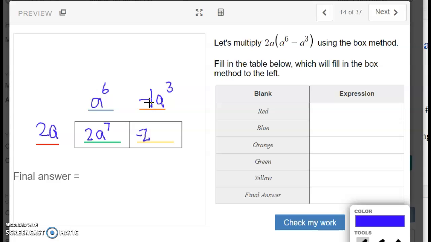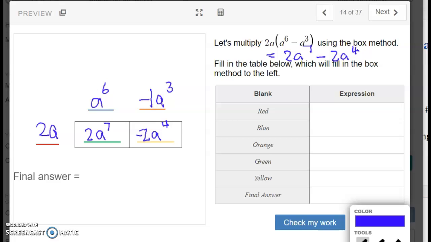A times a to the power of 3 is a to the power of 4. So we figured out that 2a times a to the power of 6 minus a cubed is going to be the same as 2a to the power of 7 minus 2a to the power of 4.